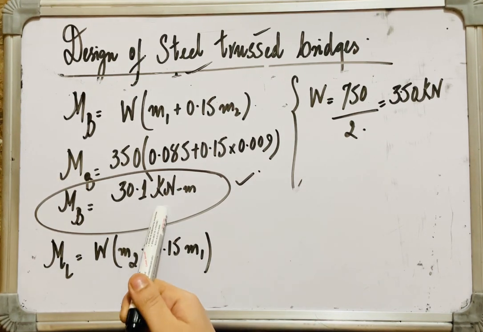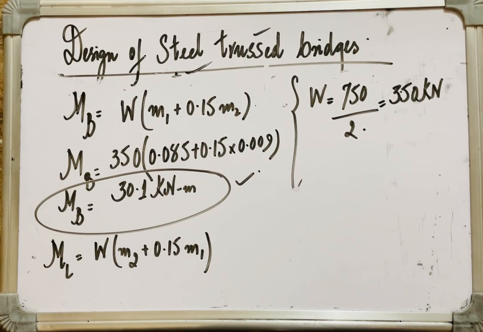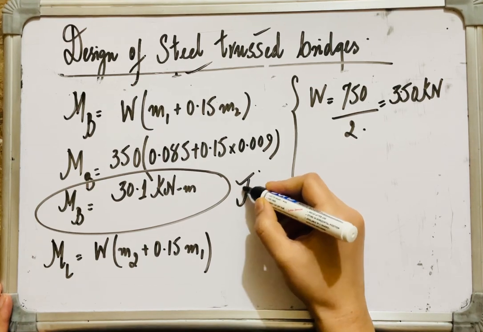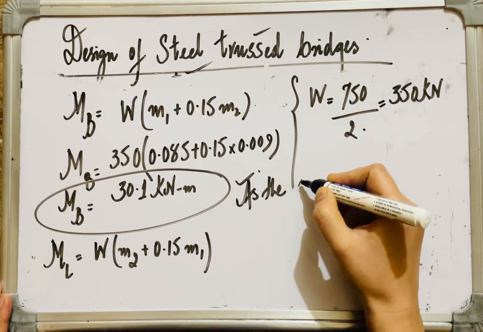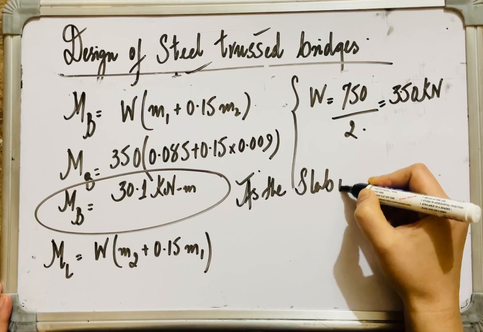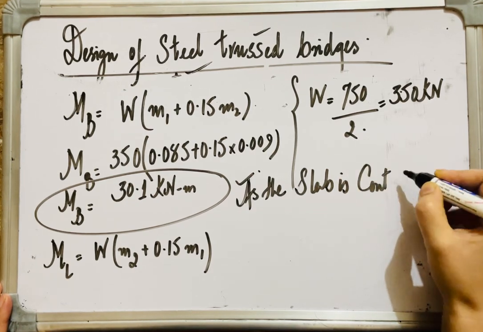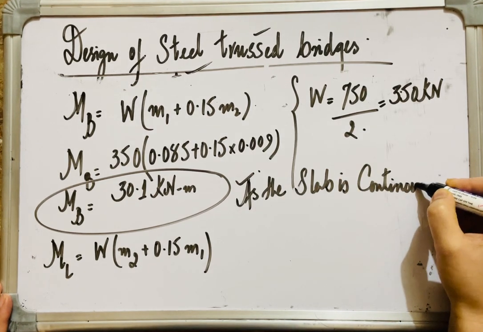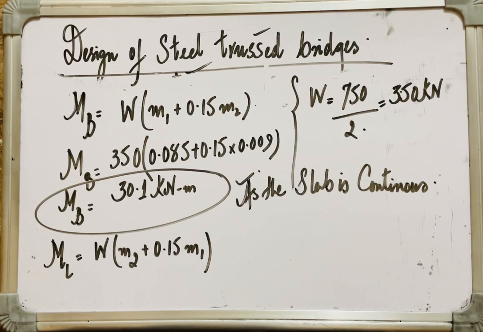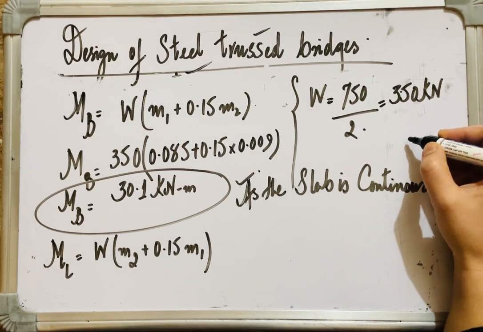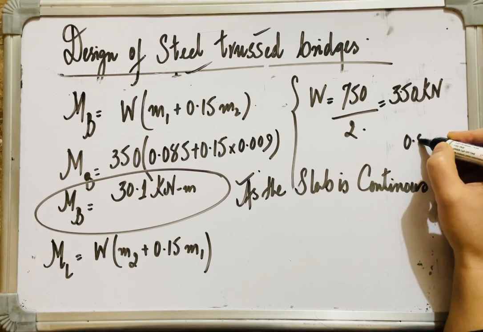But before that, as you know, the slab is continuous, so I'll be applying both impact factors as well as continuity factors. You know, for impact factor, we have already discussed that we are taking it as 25%, and to allow for continuity, we multiply any bending moment by 0.8.